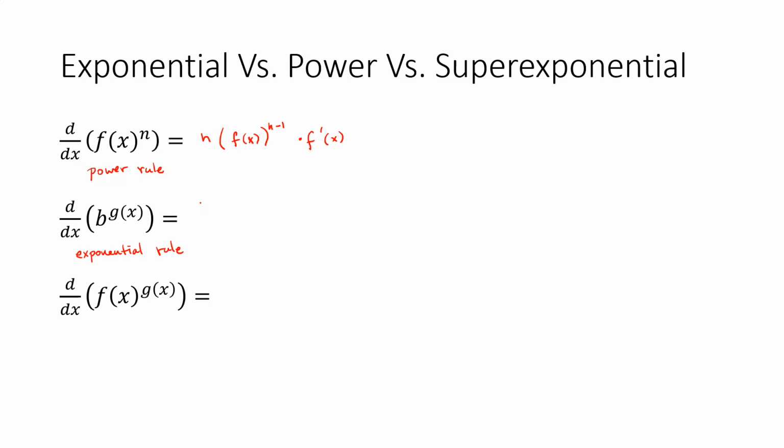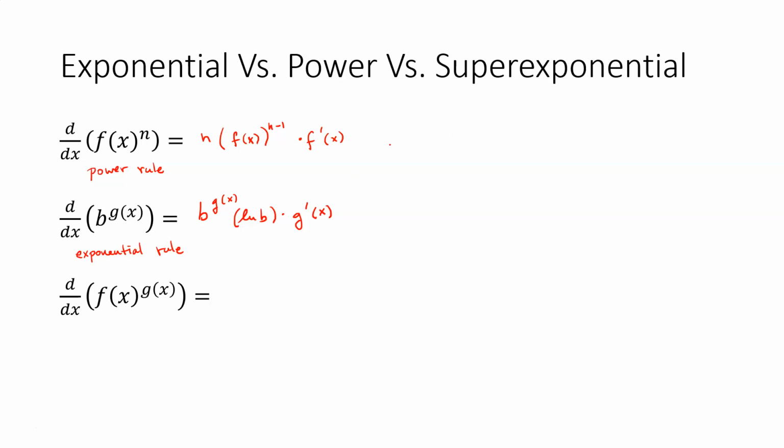Well, we know this is going to be b to the power of g of x times ln of b. And then because g of x here is in the power, we'll multiply by the derivative of g because of the chain rule. So you see there's a distinct difference there between a power function and an exponential function.